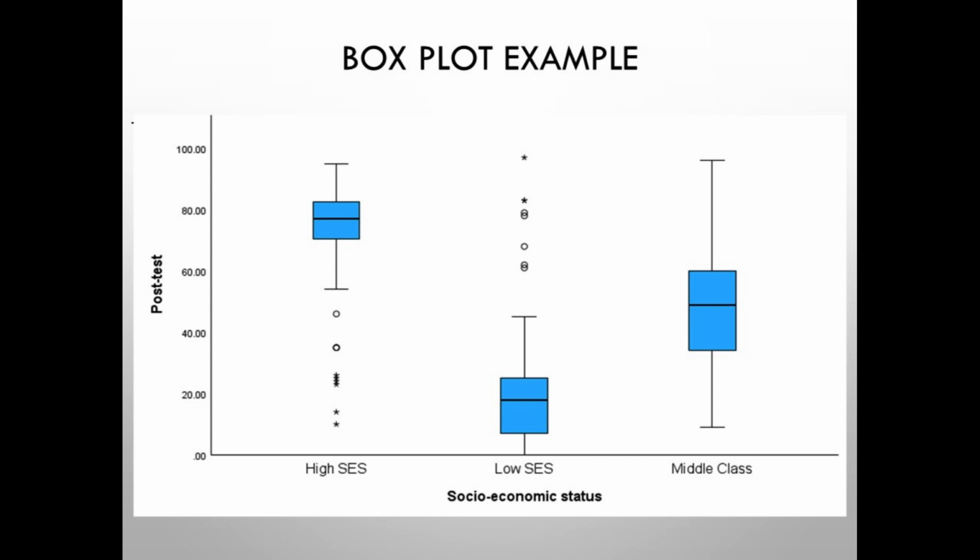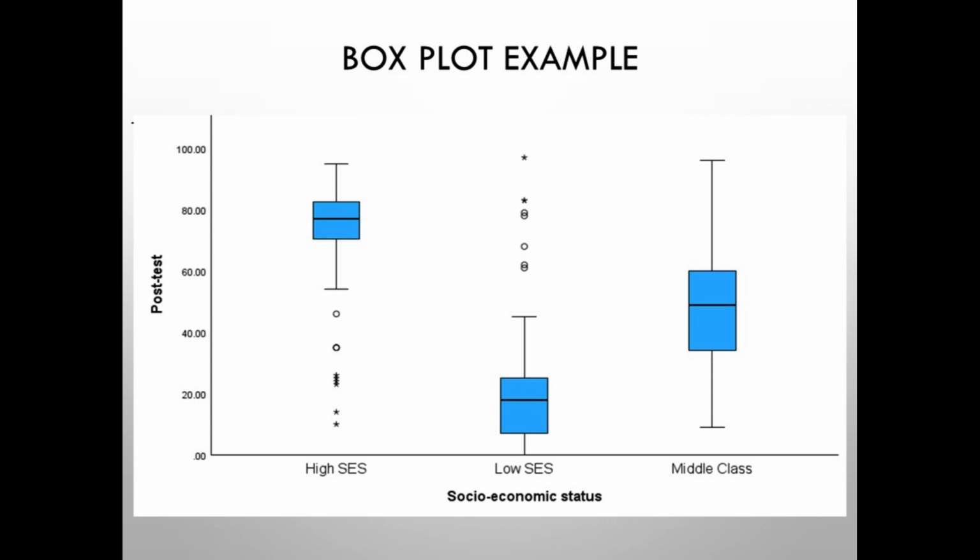When data have a relatively normal distribution, the median line is in the middle of the box and the whiskers are approximately equal in length, like the box plot on the right side that shows the distribution of scores among middle class individuals. When data are skewed, the box and whisker plot is not symmetrical, like the one we have for individuals with low socioeconomic status.